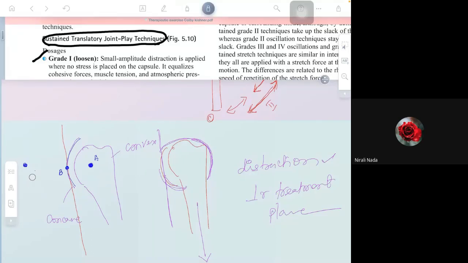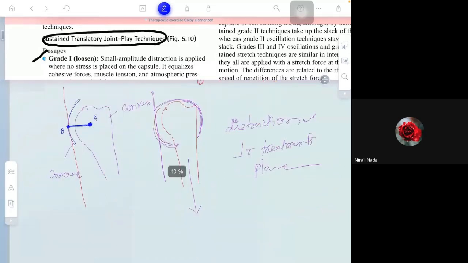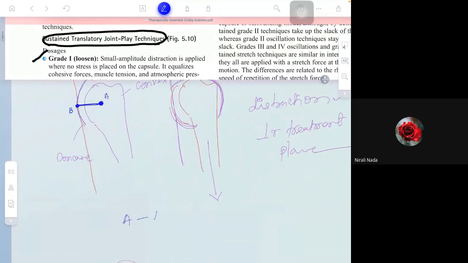So this is point B. Now you are connecting both points, A and B. A is the axis of rotation and B is the center of the concave partner.